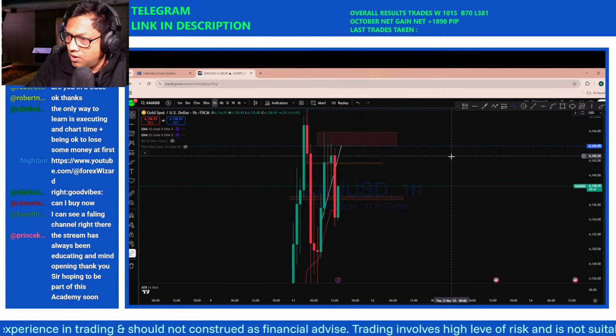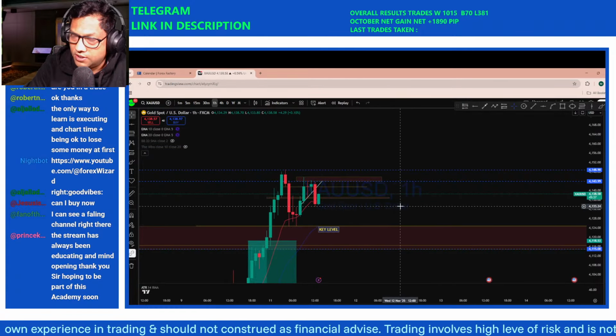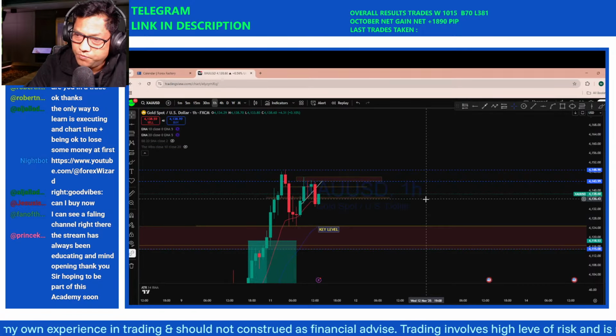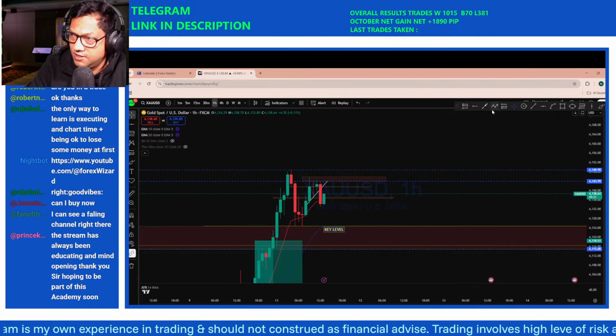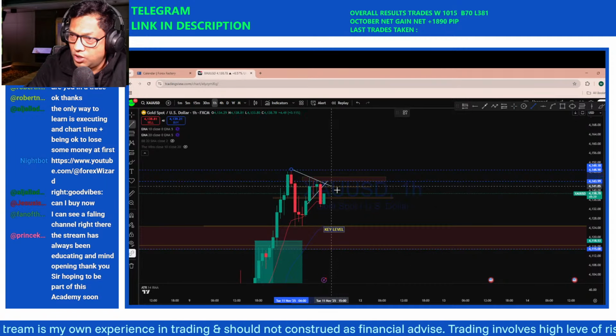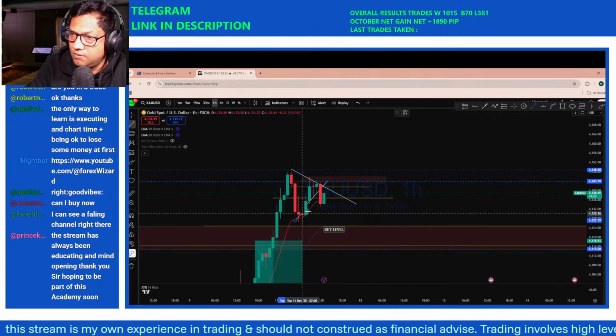As the hour is progressing, after this 1 hour candle close, the price action is again in an upside movement in that area. This is a triangular pattern.